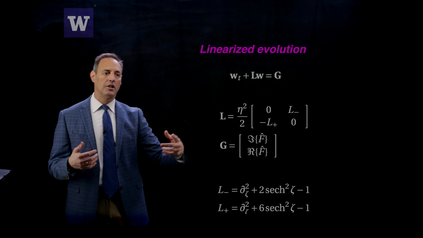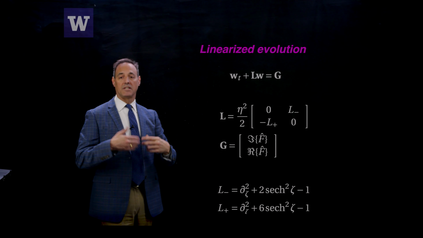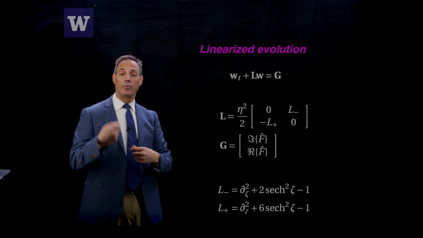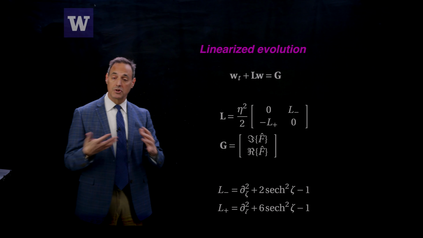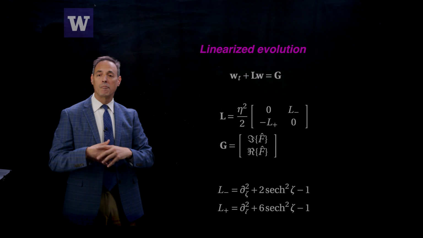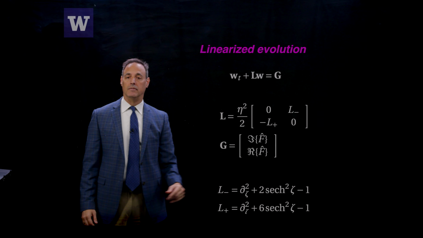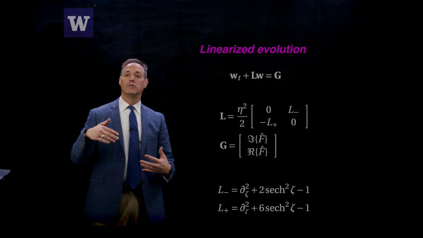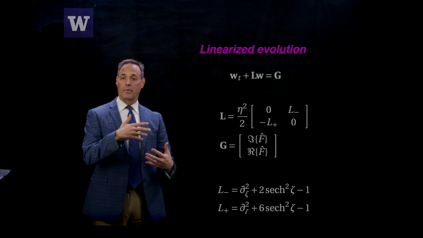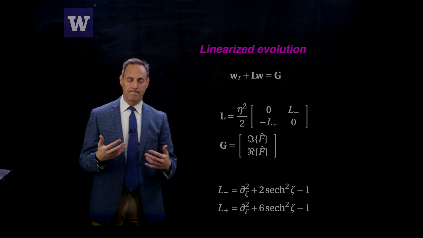So what I've done here is I've rewritten this as a system of first order equations for the real and imaginary parts of the perturbation field, which is complex. But now I've broken it apart into its real and imaginary parts, and it takes this form here. So this is a really nice representation of what happens for the linearized operator. And now it's all written in terms of real components. Okay?